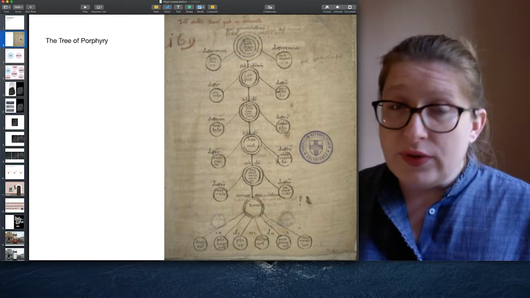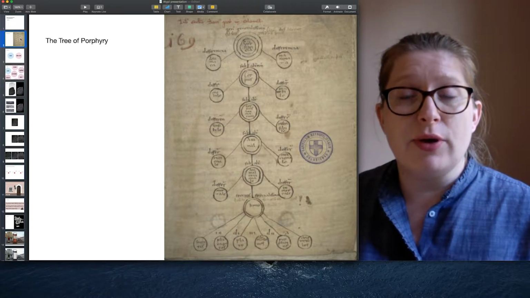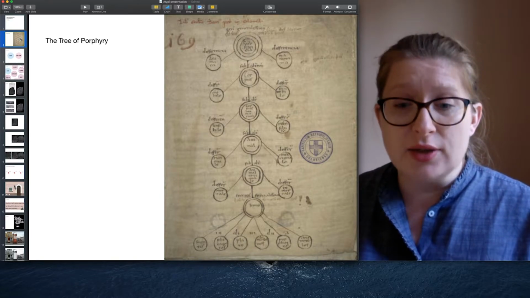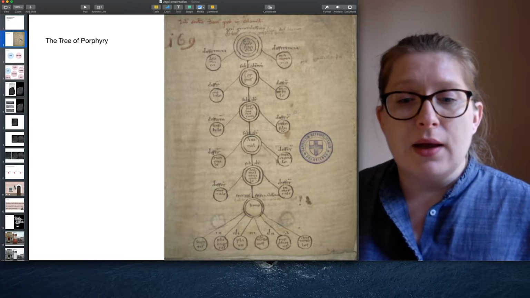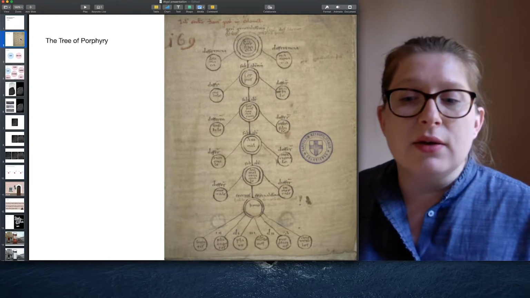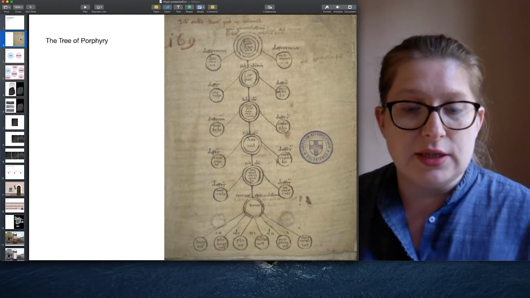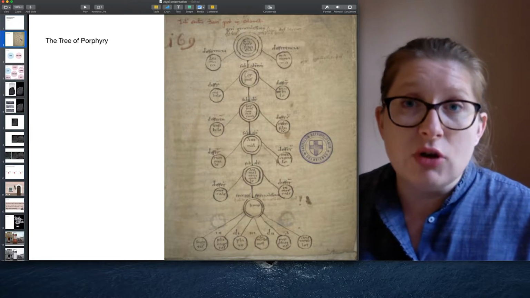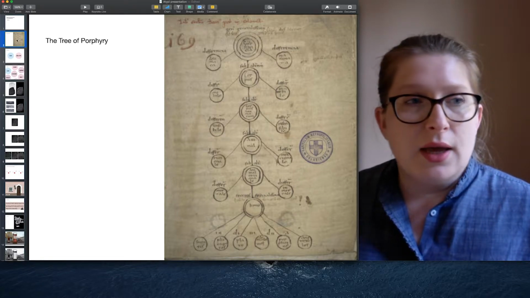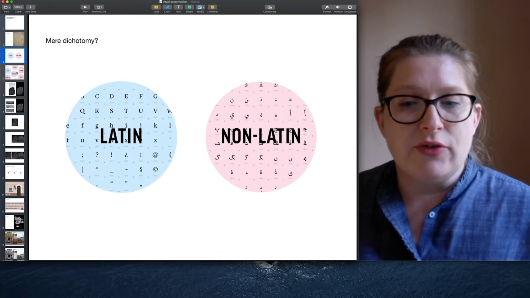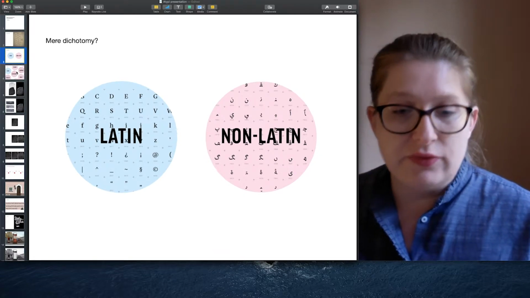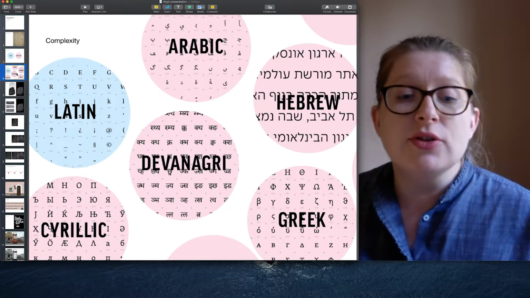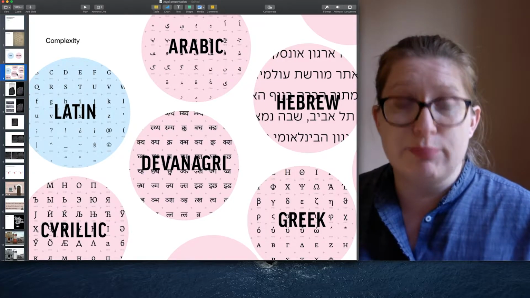Although Porphyry's tree did not cover typography, its dichotomic structure is the way today the realm of typefaces is divided and defined: into Latin and non-Latin script. The dominance of Latin script, and hence labeling the variety and richness of other writing systems as non-Latin, seems confusing because of the reduction the term performs.